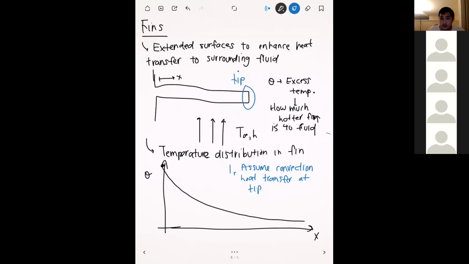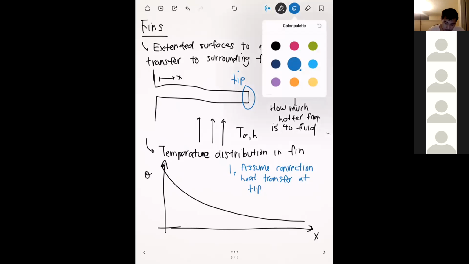All right, so let's go over the other tip conditions. A lot of these tip conditions represent roughly the same thing, but they end up working out pretty differently mathematically. I should actually call this number 2, because this is the second tip condition.